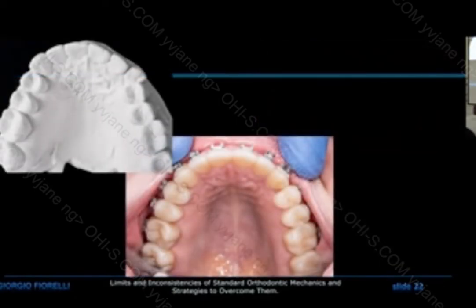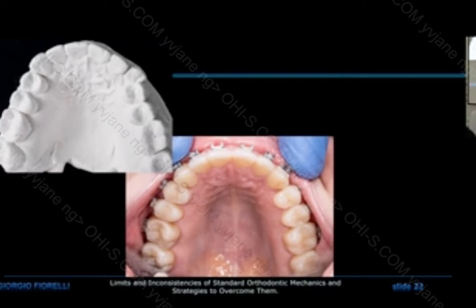Here you see that the rotation of this canine has generated an expansion here that without the intrusive force might be controlled by occlusion. What does it mean? The patient is biting here. So maybe if there is just a horizontal force, the occlusion would help in avoiding this expansion.